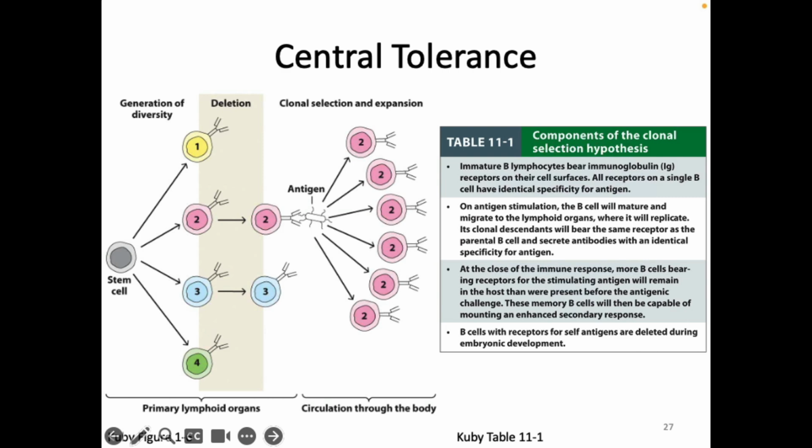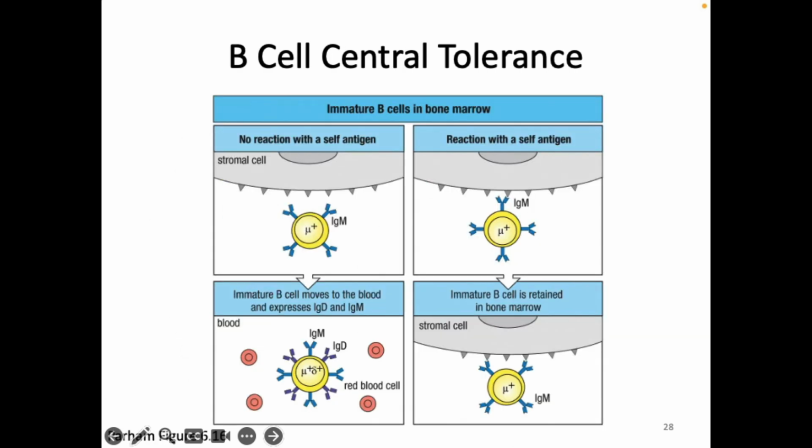And so to give a little bit of an overview of the central tolerance mechanisms, if our developing B cell, our immature B cell, does not react with any antigens in the bone marrow, then it moves out to the blood, it leaves the bone marrow, makes IgM and IgD, and lives happily ever after.